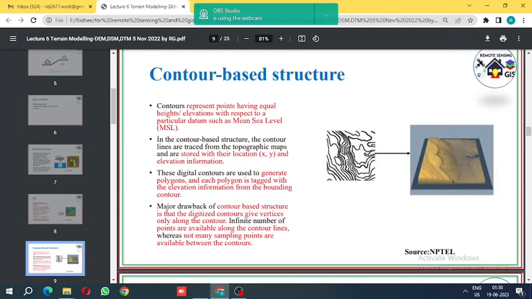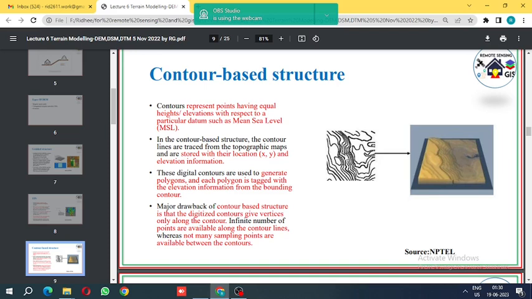Contour based structure. What is contour? Contour represents points having equal height or elevation with respect to a particular datum.